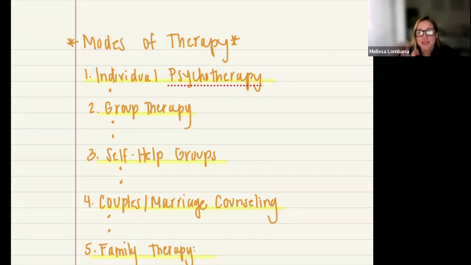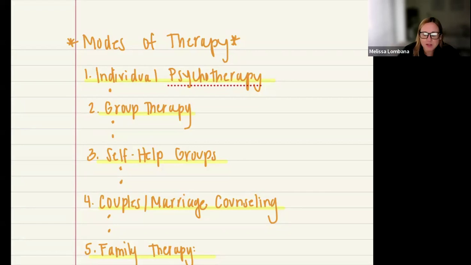Group therapy is led by a therapist. Self-help group is just a group of people that are coming together. They typically have a facilitator, but they're not trained in psychotherapy. So that's the difference. And again, this is really good for people so they don't feel like they're alone, and they just have somewhere to go, their goal is to be better.